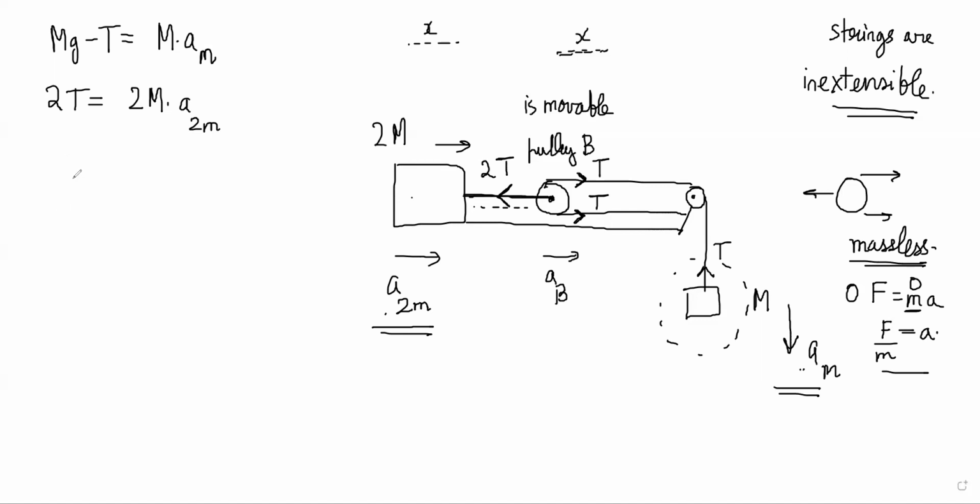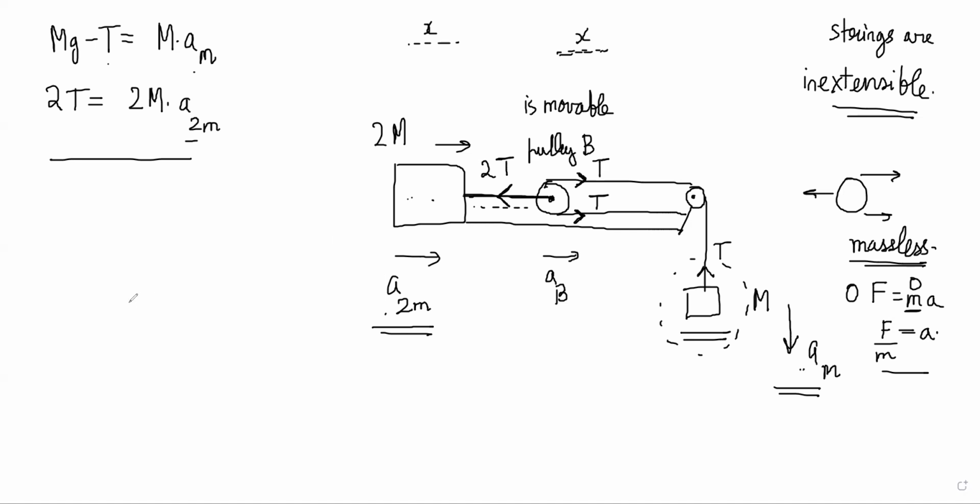Yes, sir. So you can see in these two equations, there are three unknowns: tension, A of m and A of 2m, right? You cannot solve two equations with three unknowns. So we need another equation, which is called the constraint relation, which is basically a connection between the acceleration of mass m and the acceleration of mass 2m.